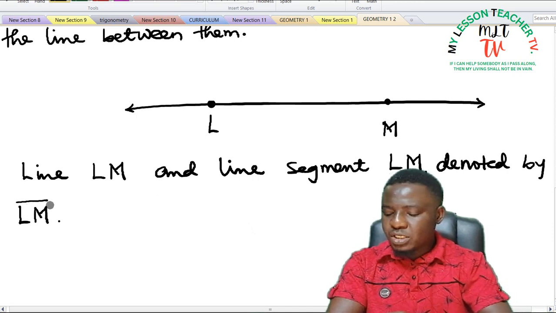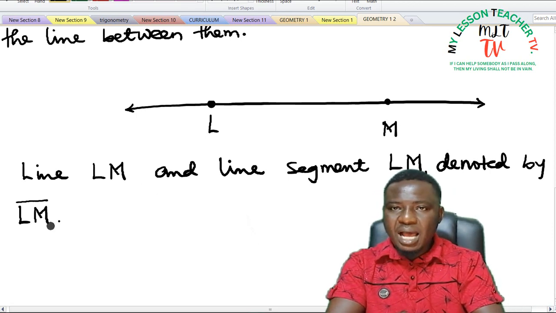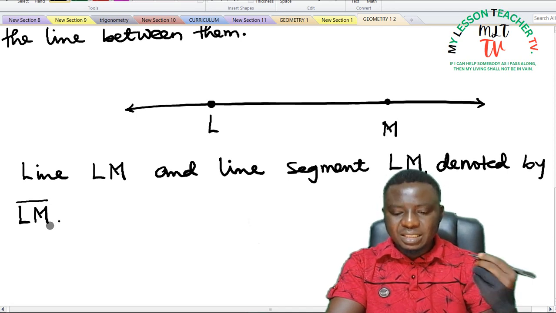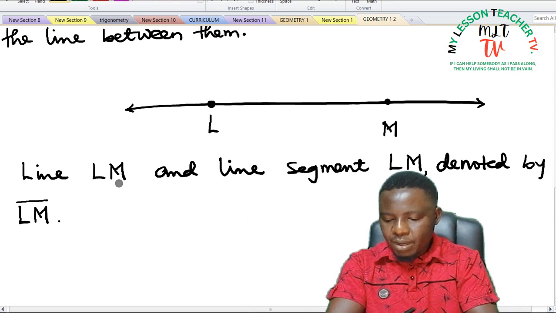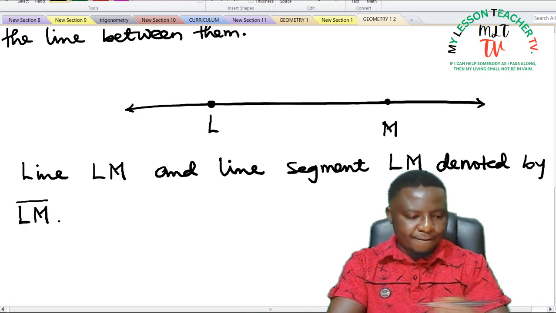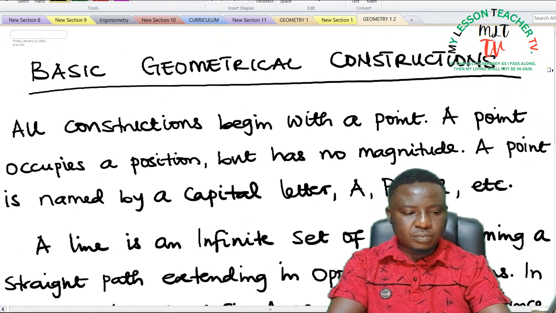Now this bar indicates that it is a line segment, beginning from L and ending at M. So this is how we represent a line segment. But for a line, you can just write it as line LM. But for a line segment, it is written as LM bar, which indicates that it is a line segment.